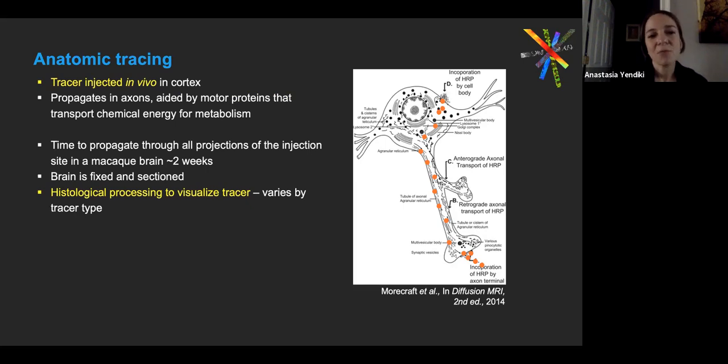Then it's given time to propagate through all the projections from the injection site. In a macaque brain, this can take about 2 weeks. Then the animal is sacrificed, the brain is fixed and sectioned, and then the sections undergo histological processing to visualize the tracer. And the type of processing can vary by the type of tracer.